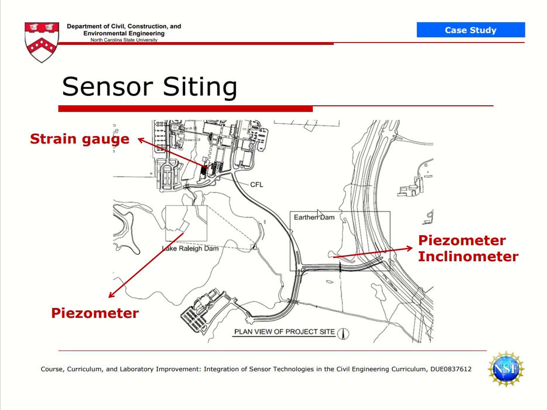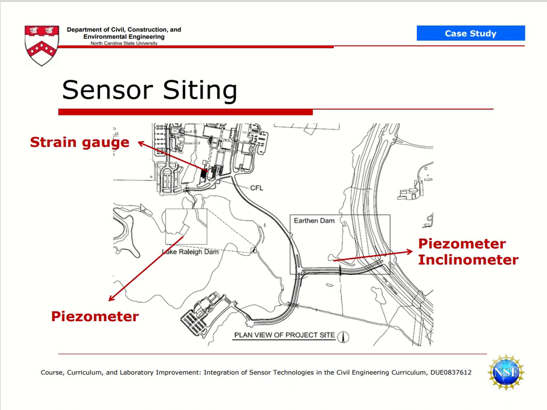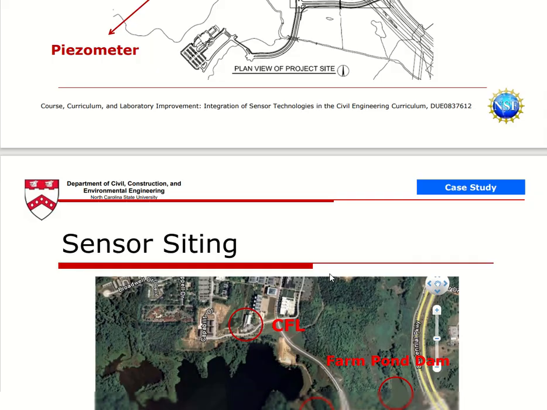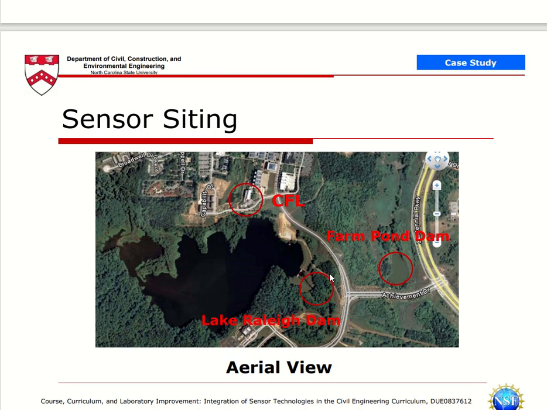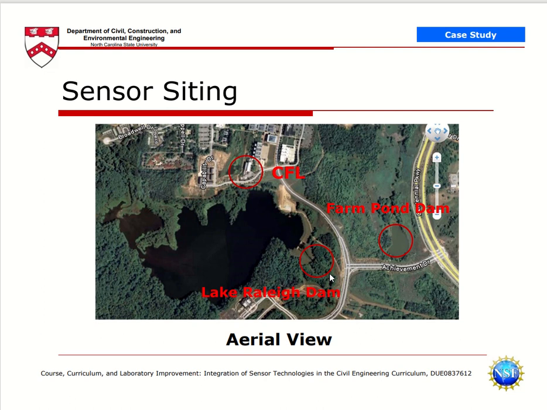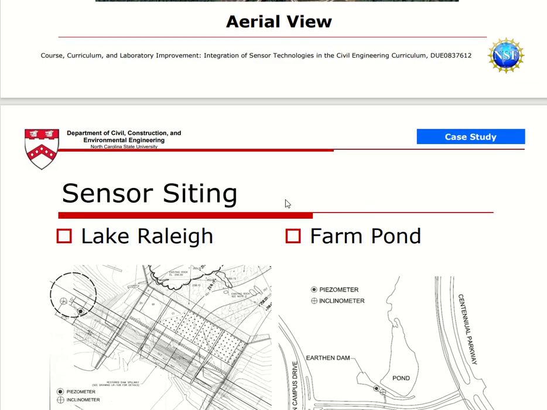And where did they site it? So here are the places. Don't bother with this. This is the map of the university, so we wouldn't understand it either way, right? But the satellite map gives you the area. This is the Relay Dam. This is the Farm Pond Dam. This is the CFL area where they have placed the sensors.